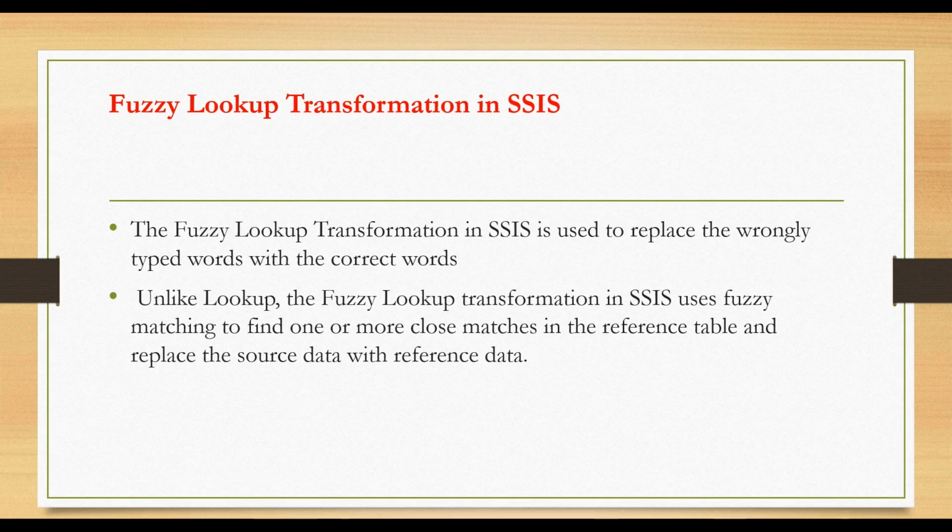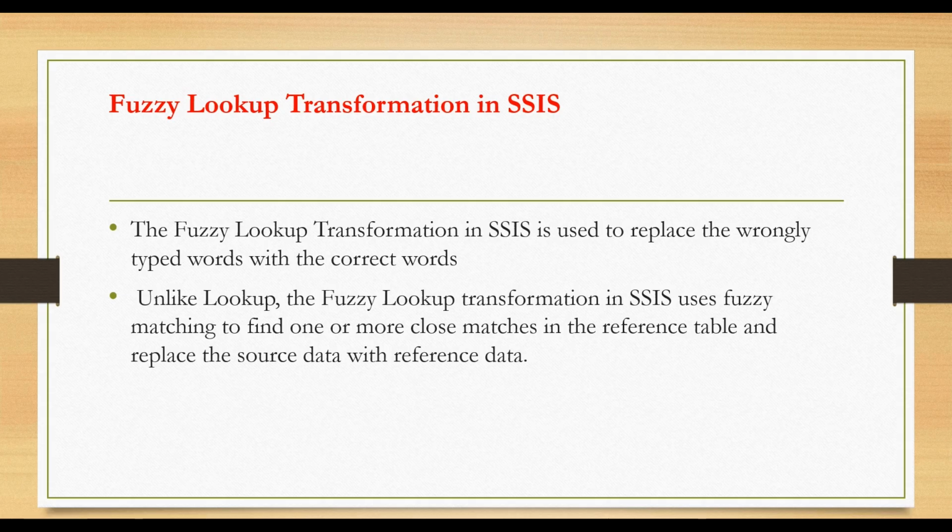Later on it will be corrected by using fuzzy lookup transformation, because in the fuzzy lookup transformation you can define the static data, or else the proper correct data will be maintained here. That will be referenced in the fuzzy lookup transformation. So we can map the respective record from the source to this fuzzy lookup reference table.